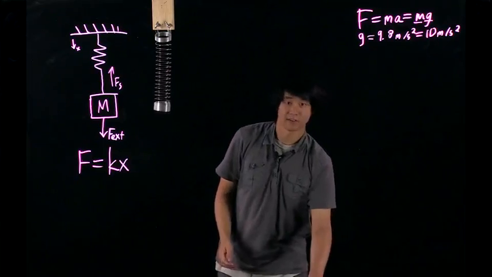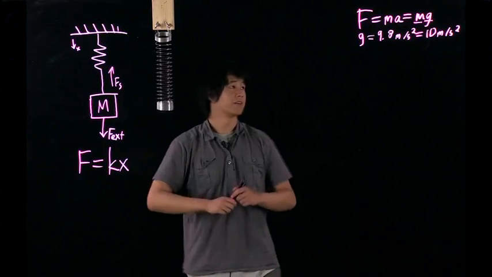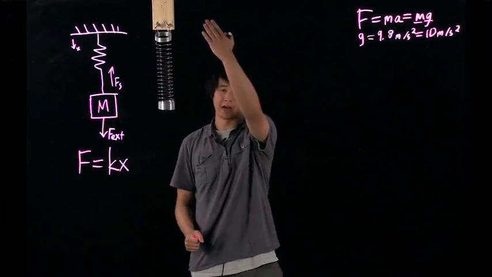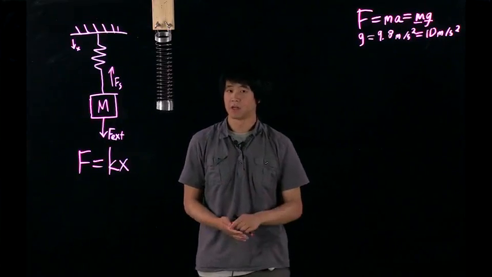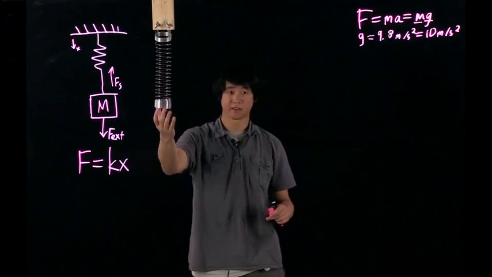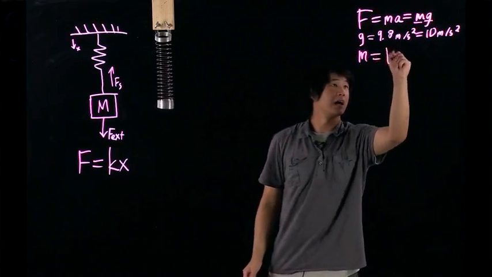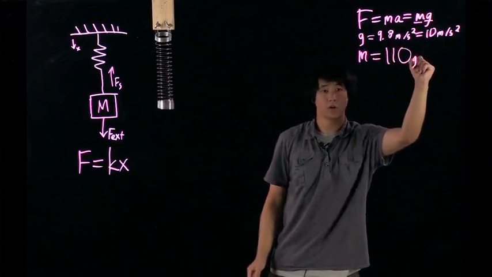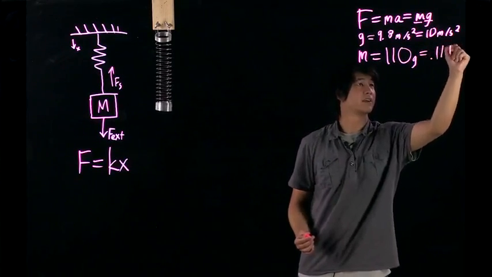Now after you mass it, whatever you're using for your force, you have to write it down. In my case, I previously massed the slinky to be about 220 grams. Now because only half of it is being used as the mass in the system, that means the mass will be about 110 grams, or in kilograms, 0.11 kilograms.